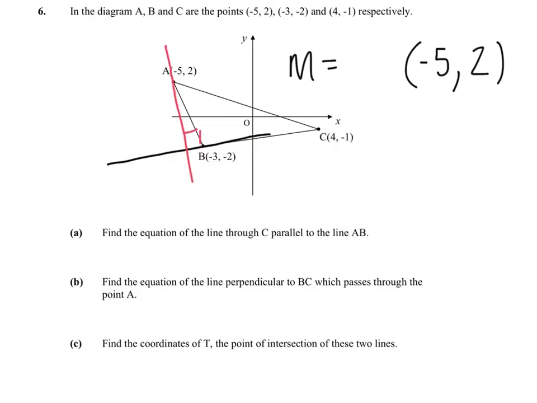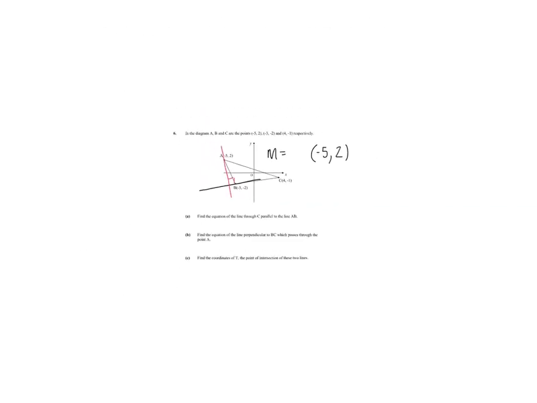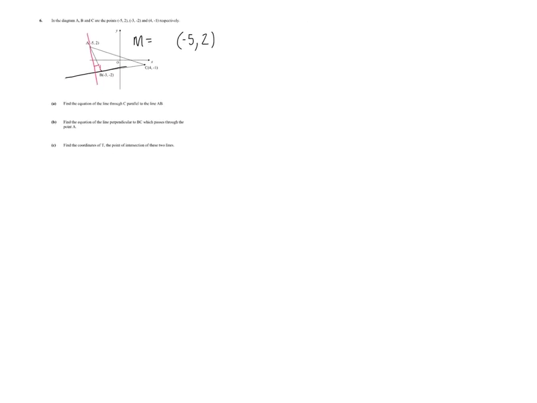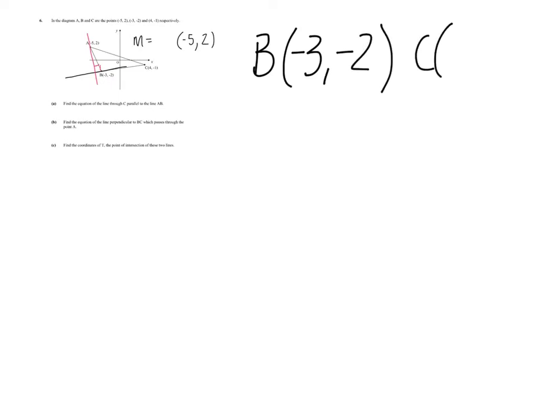So again, we'll give ourselves some space. Move this up here. The gradient we're trying to find is the gradient of BC. So the points BC, we'll write them down. B is -3, -2, and C is the point 4, -1. So that's our x1 and y1 value, and x2 and y2.